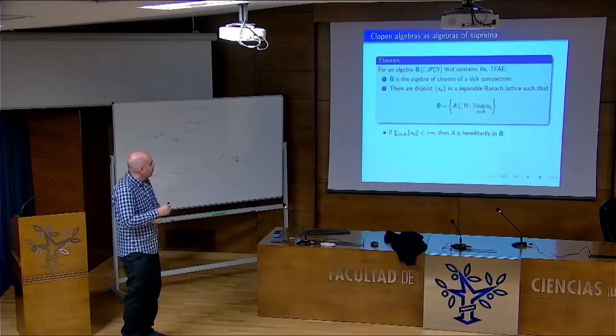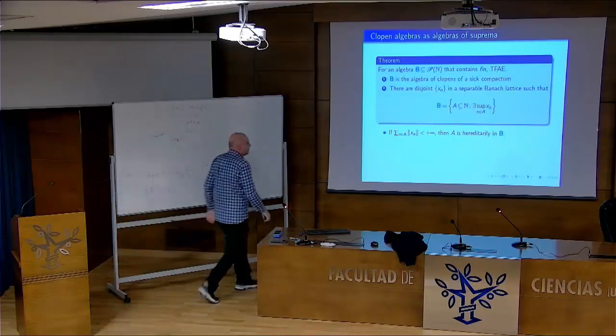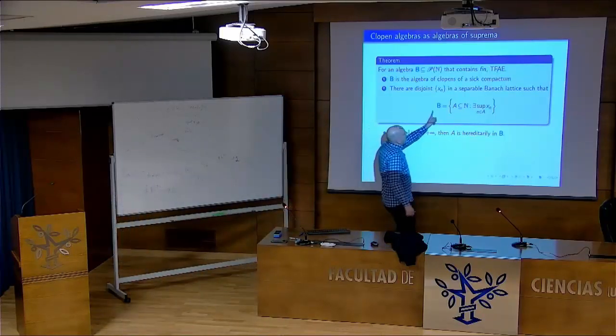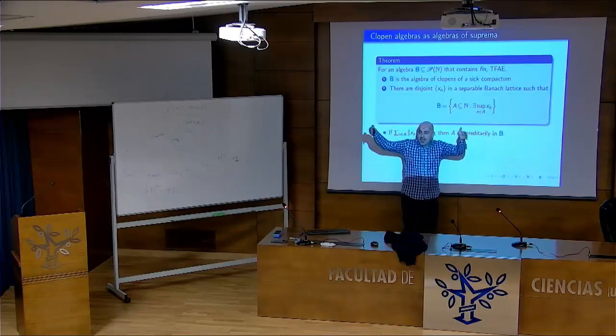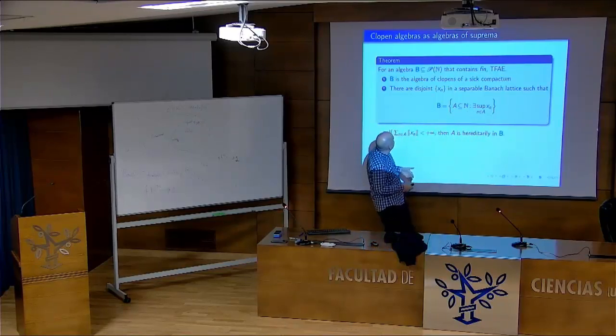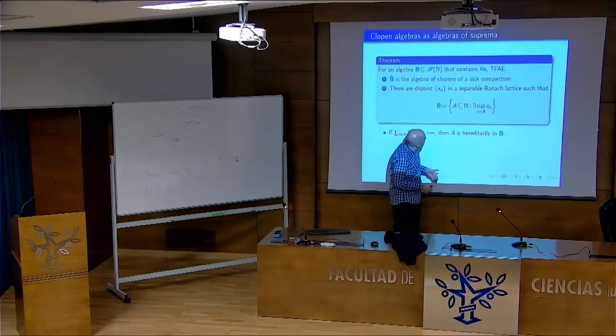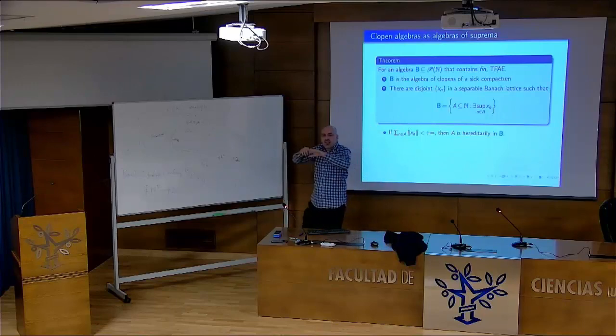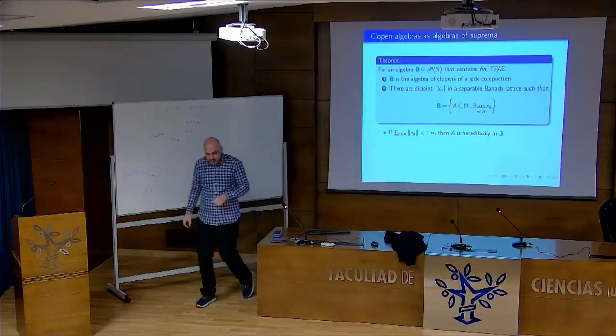So first of all, if I have an algebra like this, if I have a disjoint sequence of vectors in a Banach lattice, I should also say that those vectors are uniformly bounded. Let's say they are normalized, all of norm 1.